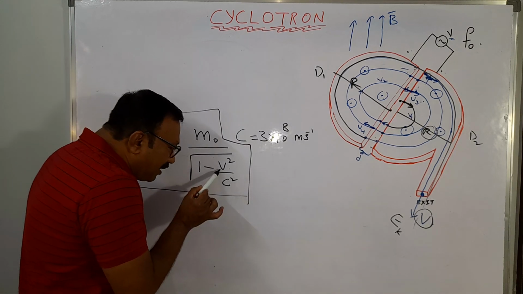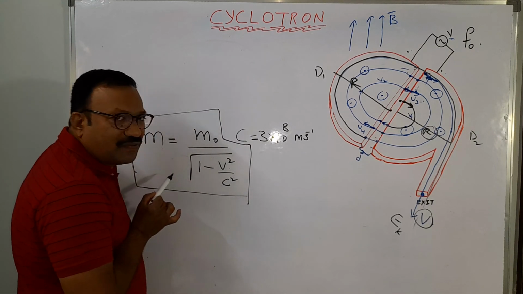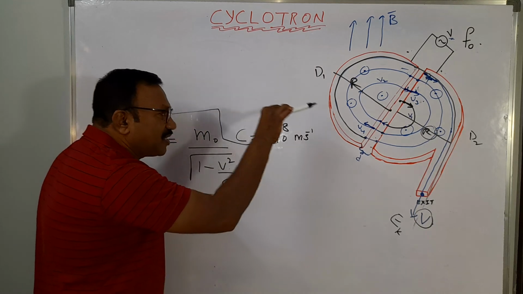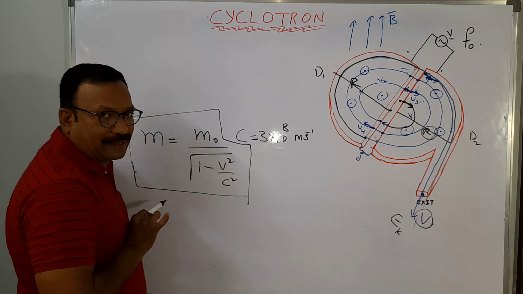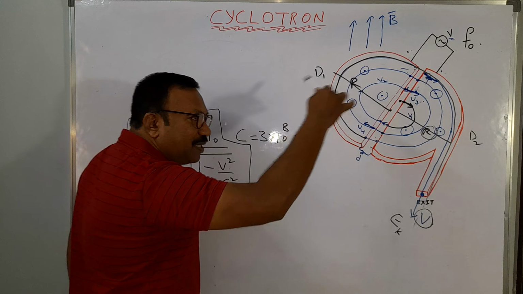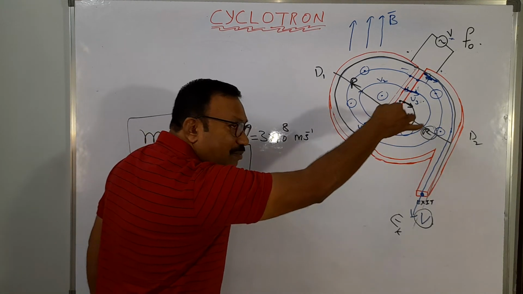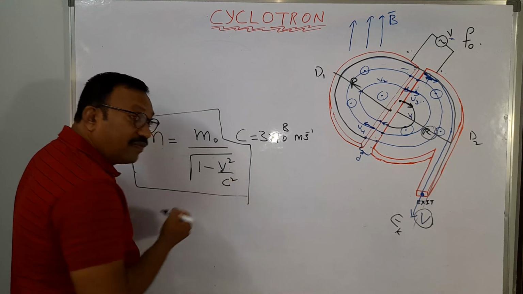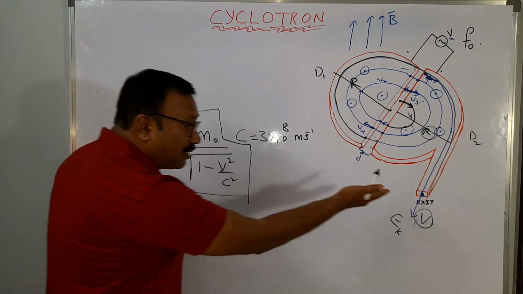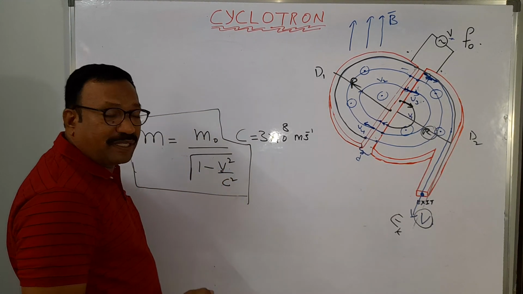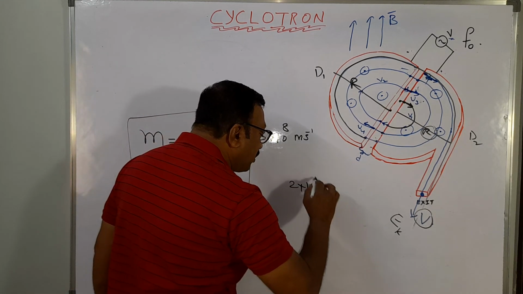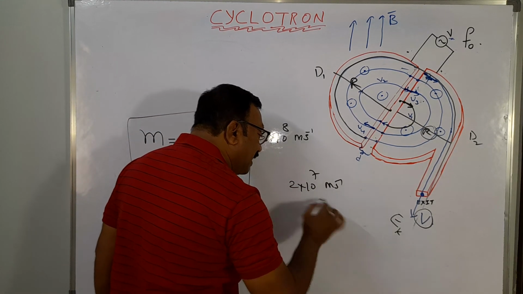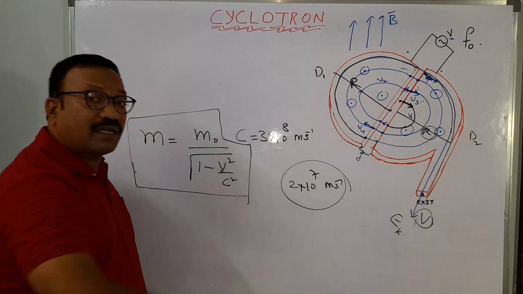See, consider the velocity of a charged particle that you are accelerating. You are increasing the speed continuously. Here between the plates, in each step, the velocity is increasing. The charged particles have high speeds, for example, 2 into 10 to the power of 7 meters per second. Like that, high speed charged particles are coming out.